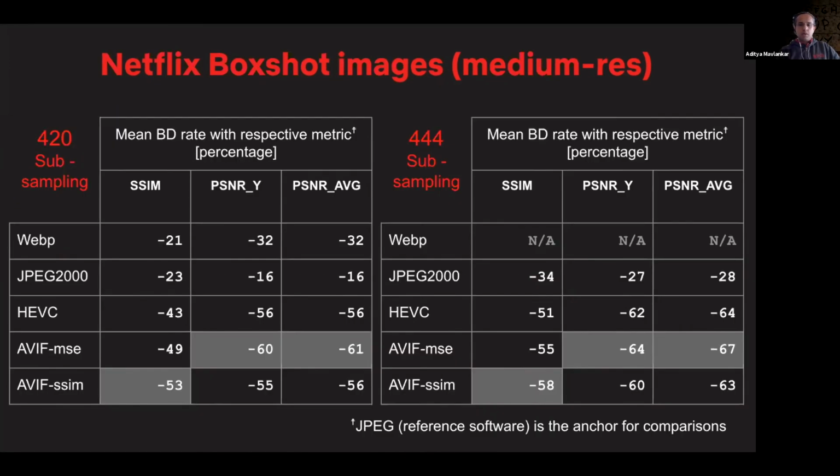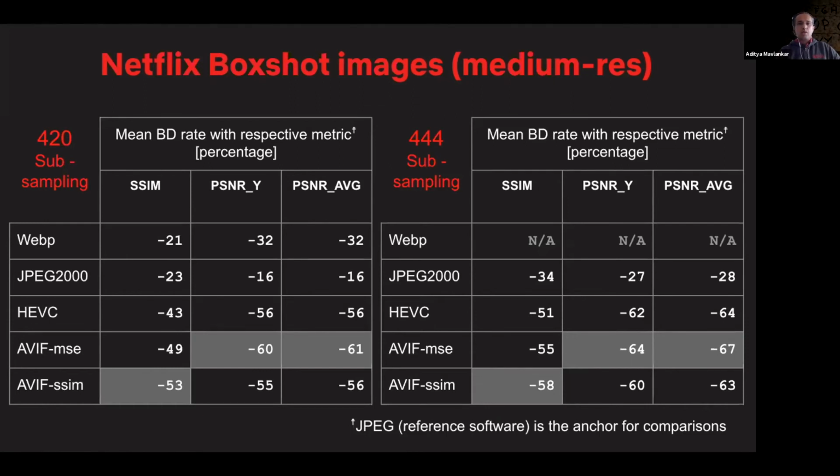So here are results for box shot images. And again, we see that AVIF is the top performer, as seen from the lens of these two metrics. But then if you look at the blog, that's true even if you look at it through the other metrics as well.